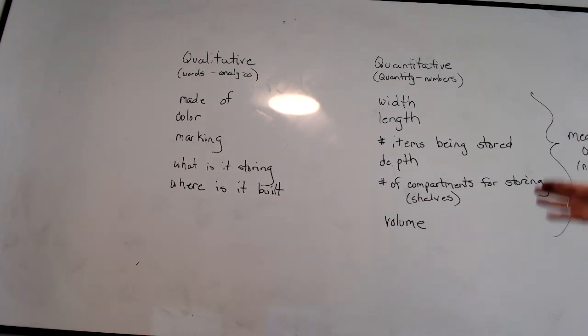The data is made up of descriptions or things like that. The data, quantitative, the data is made up of numbers which represent a measurement or a count of something. Okay, so that's the difference there.